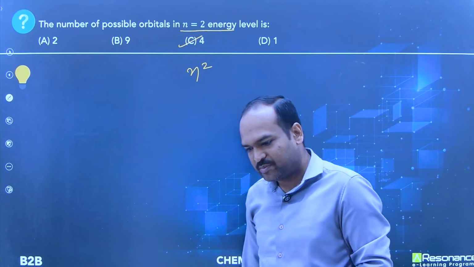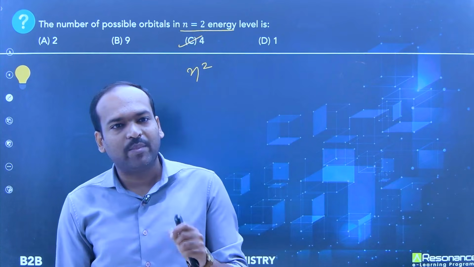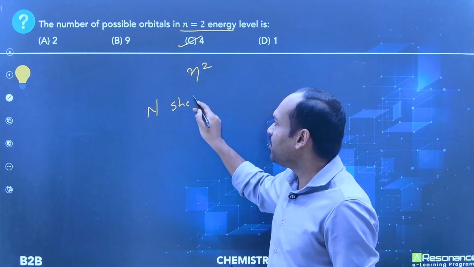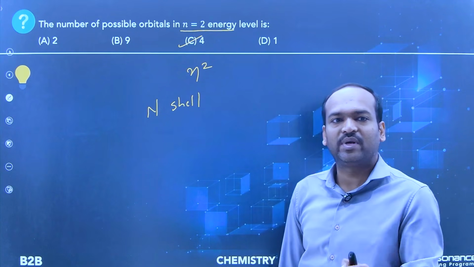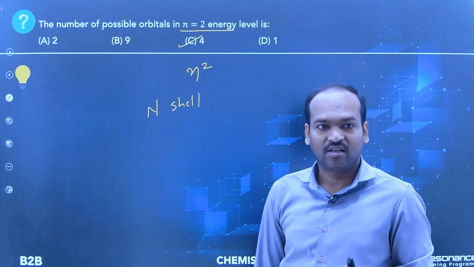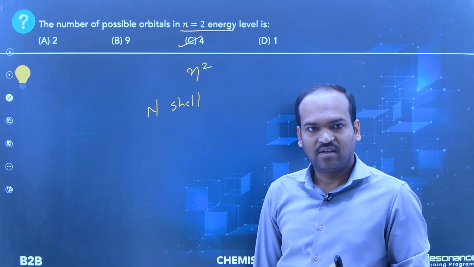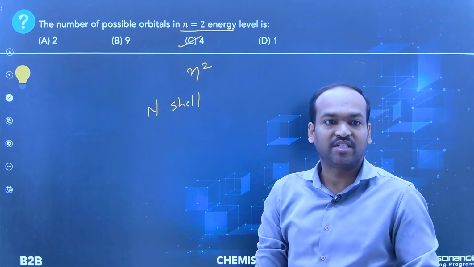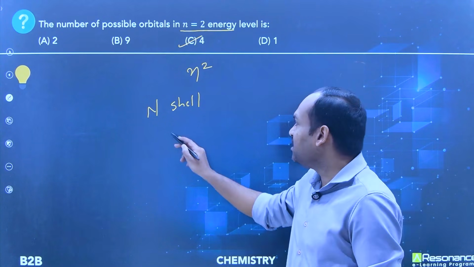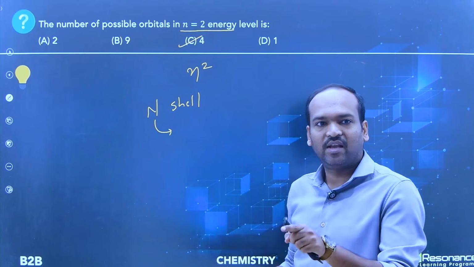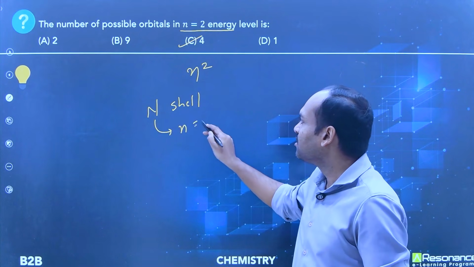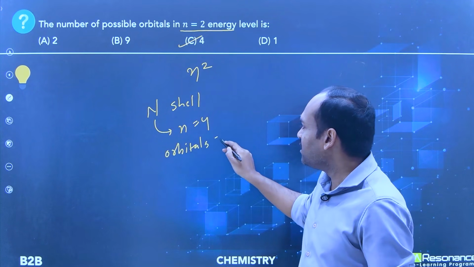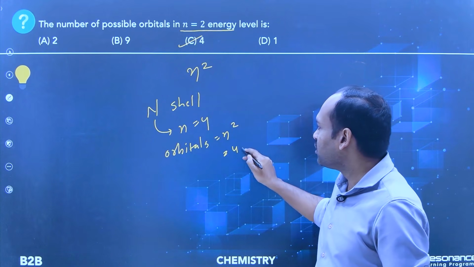If I ask how many orbitals are in the n shell, what's your answer? Total number of orbitals in n shell. We can't say f orbital. It is 16, because n shell means K, L, M, N. N is 4, and orbitals is n square, which is 4 square, 16.